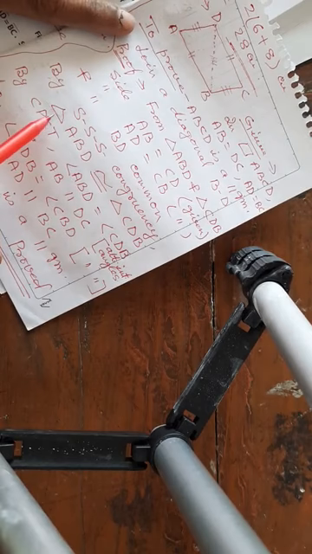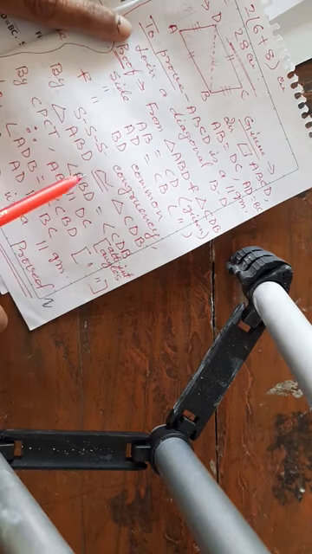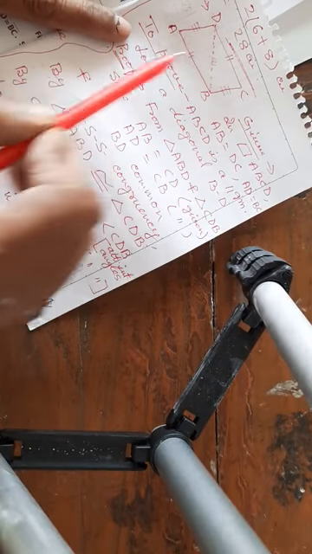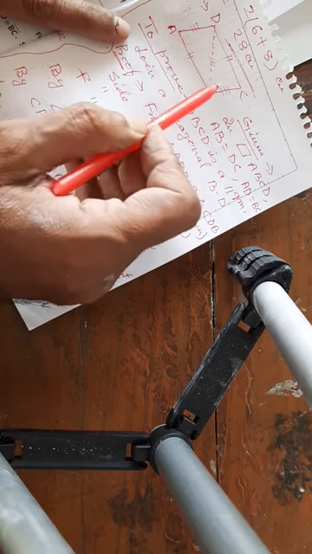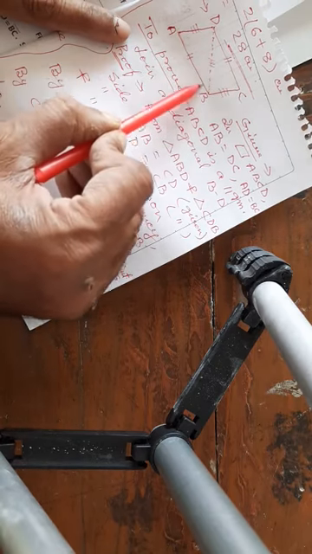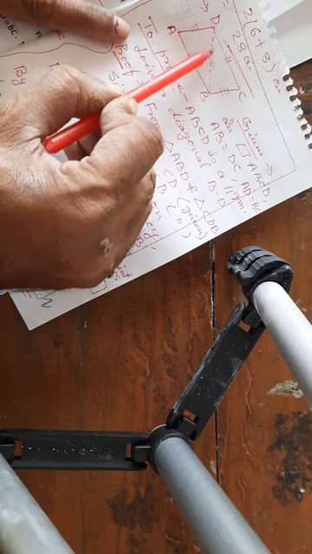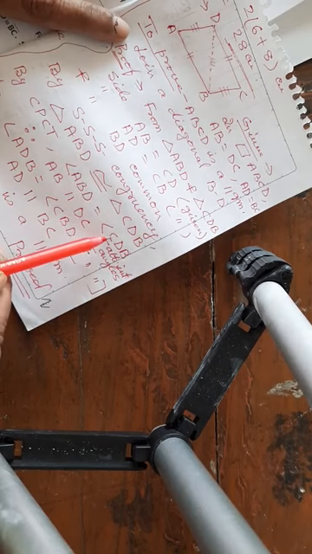So by SSS congruency condition, triangle ABD is congruent to triangle CDB. यह ट्रायंगल इसके कॉन्ग्रुएंट है. तो बाई CPCT, एंगल ABD इक्वल टू एंगल CDB.